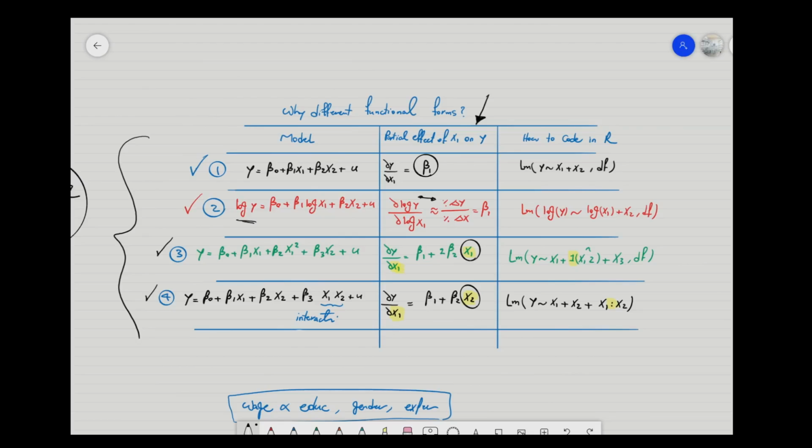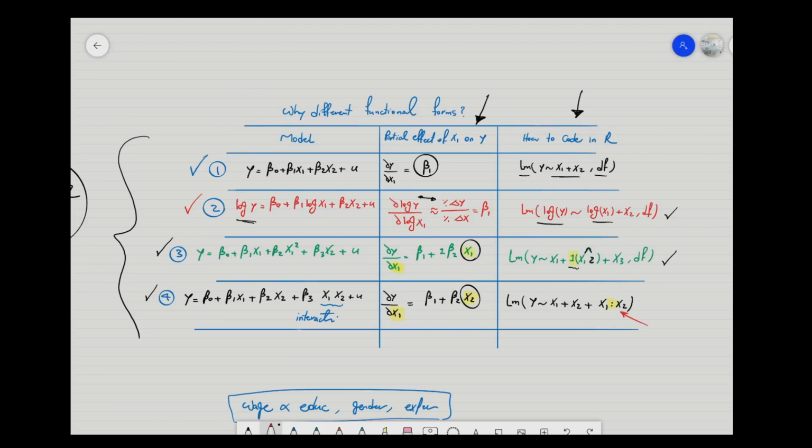So application in R, super easy. The first one, we use the lm function, lm of y tilde x1 plus x2, and then you pass the data frame, right? For log models, if there's log y here, log x1 here, you just simply add the log, open close parentheses, and then done. For the quadratic models, make sure you use this I function, and then x1 to the power of 2. The rest of it is the same. And so maybe the only new thing that you haven't seen before is this.